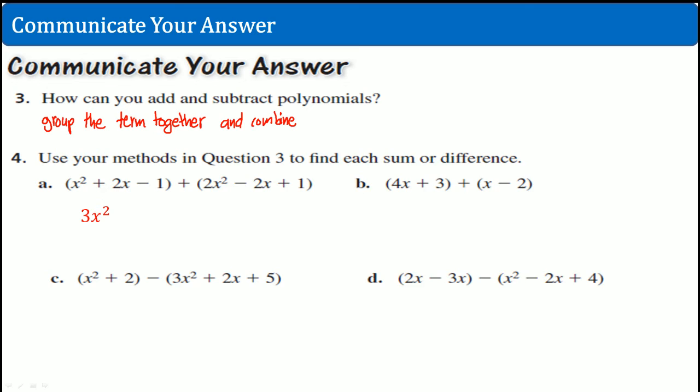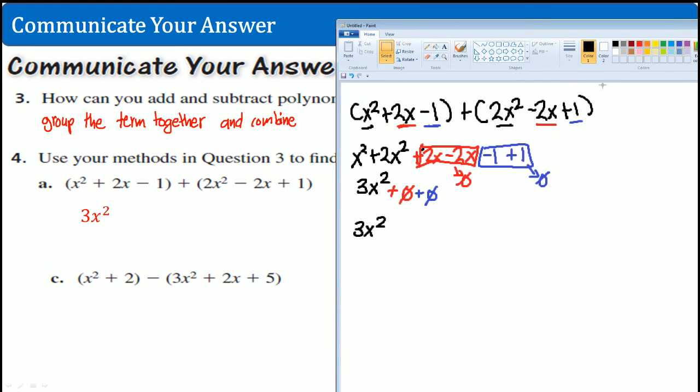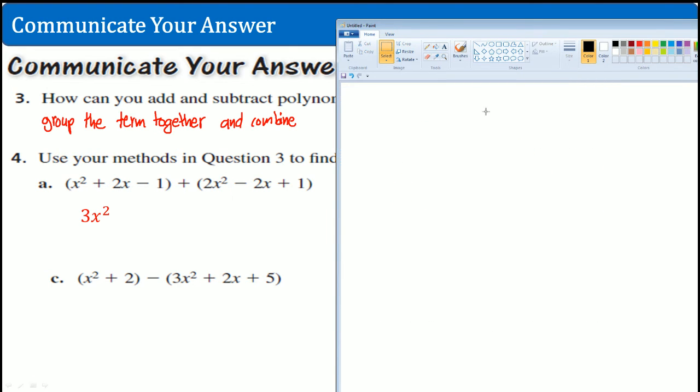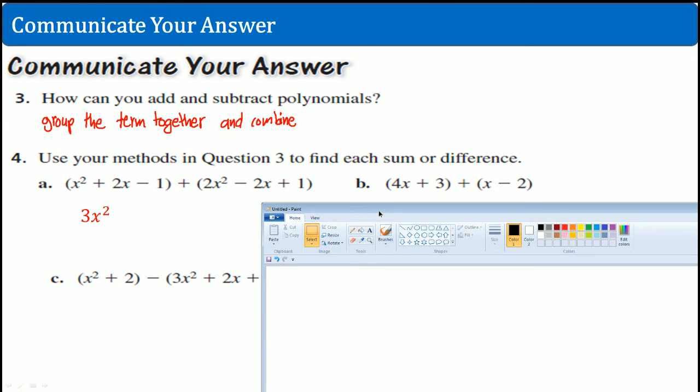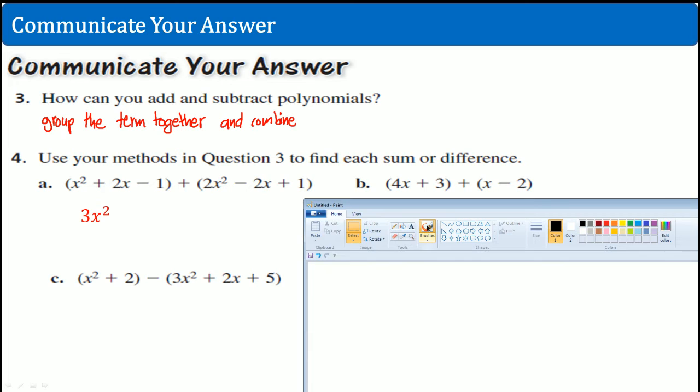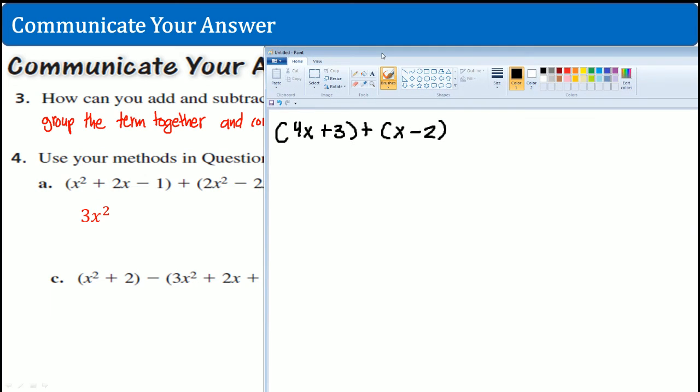Let's do the second one. Okay, let me just write the problem here. We have 4x plus 3 parentheses plus x minus 2. All right, so let's start grouping things together.